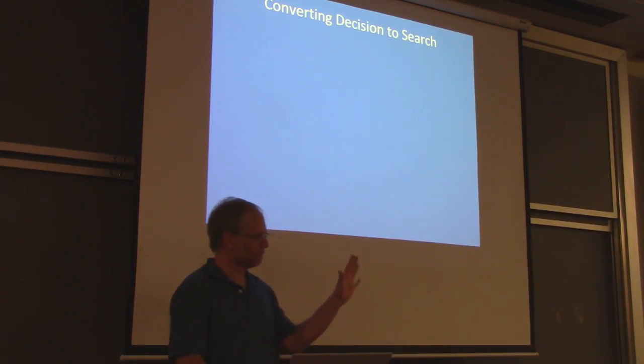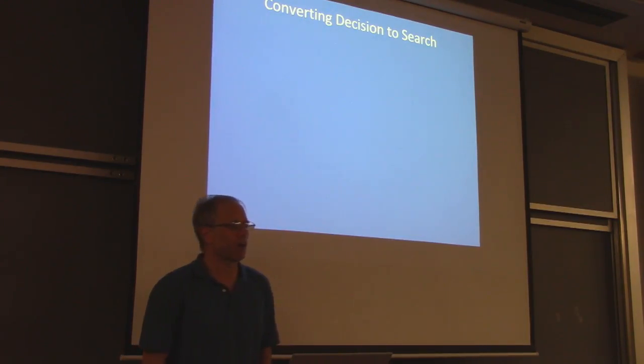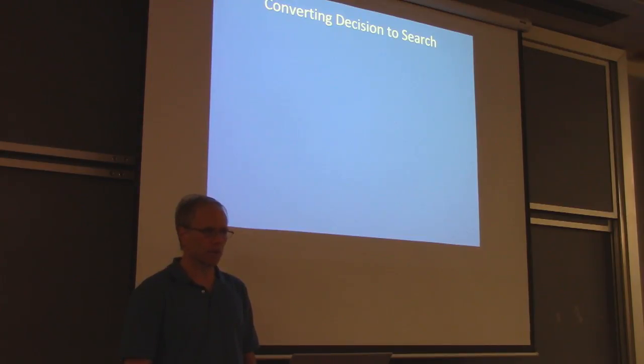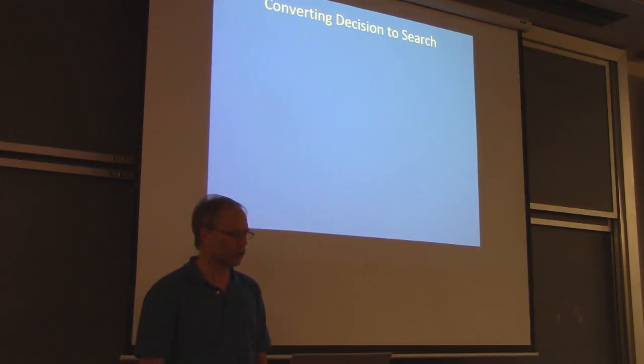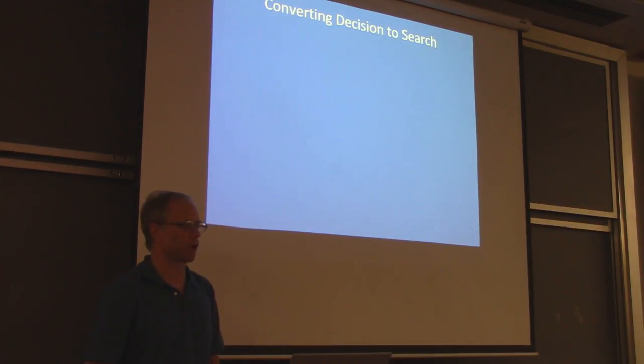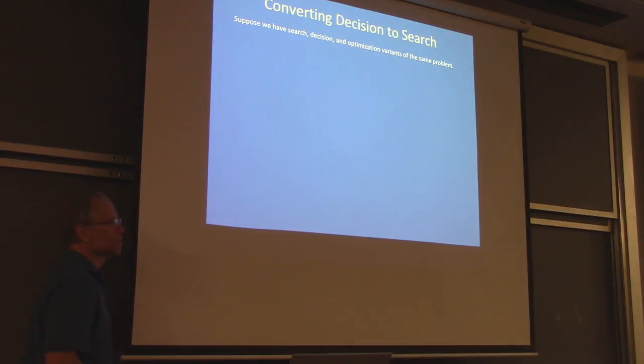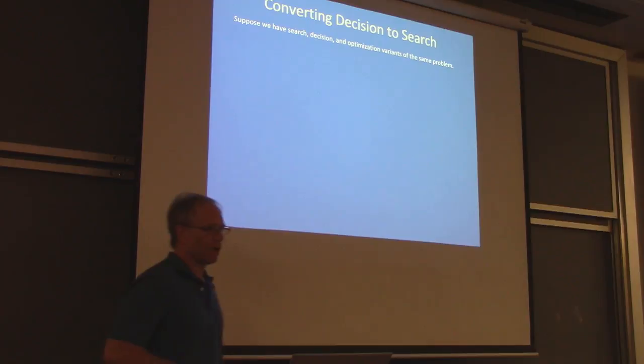But having said that, what I'm going to show you now is that if you can solve the decision problem quickly, and by quickly, what do I mean? Polynomial time. If you can solve the decision problem efficiently, you can solve the search problem efficiently. So suppose we have search, decision, and optimization variants of the same problem.